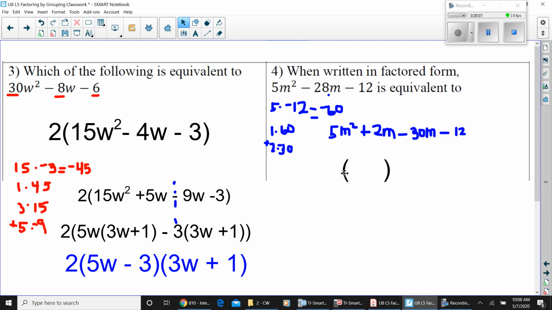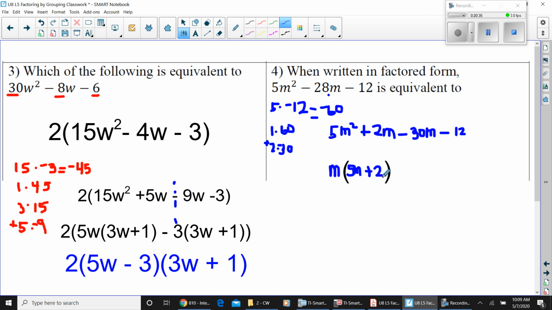To factor, I'm looking at just the first half right here, the first two terms, and I am going to factor out an m, because there is no greatest common factor between 2 and 5. So m times what equals 5m squared? m times 5m. m times what equals 2m? 2.